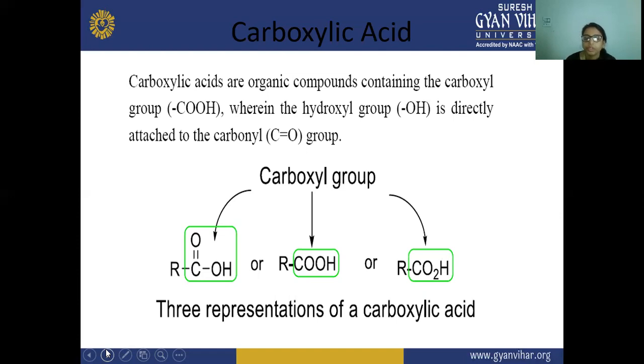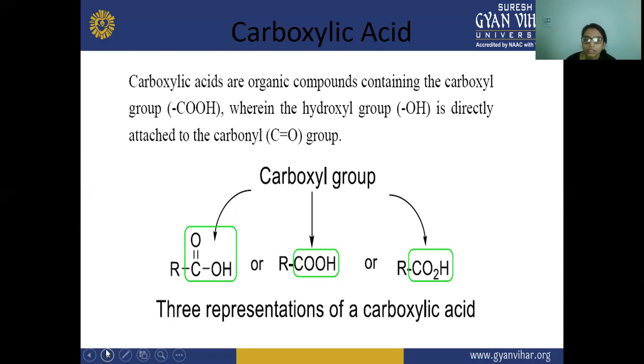So here in the figure, you can see that the carboxylic group can be represented by these three structures, as you can see the three representations of the carboxylic acid. So the carboxylic group is RCOOH or RCO2H.